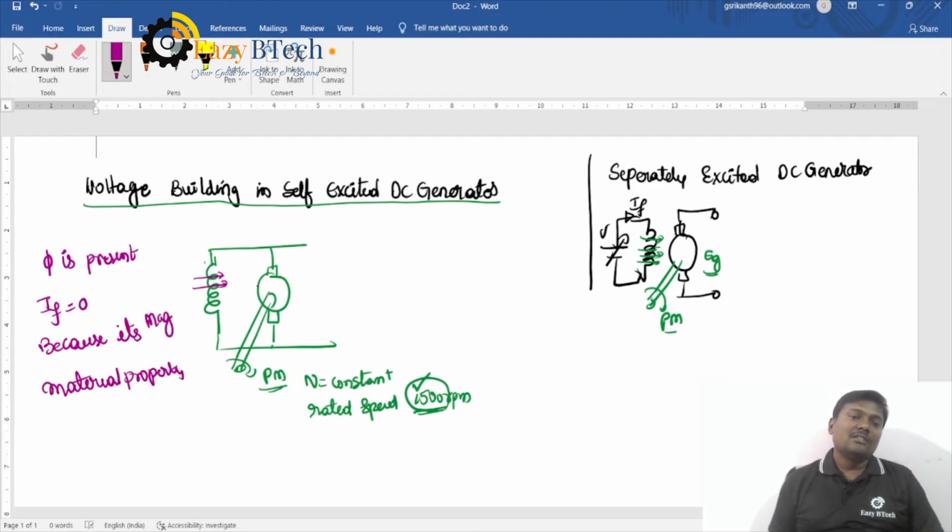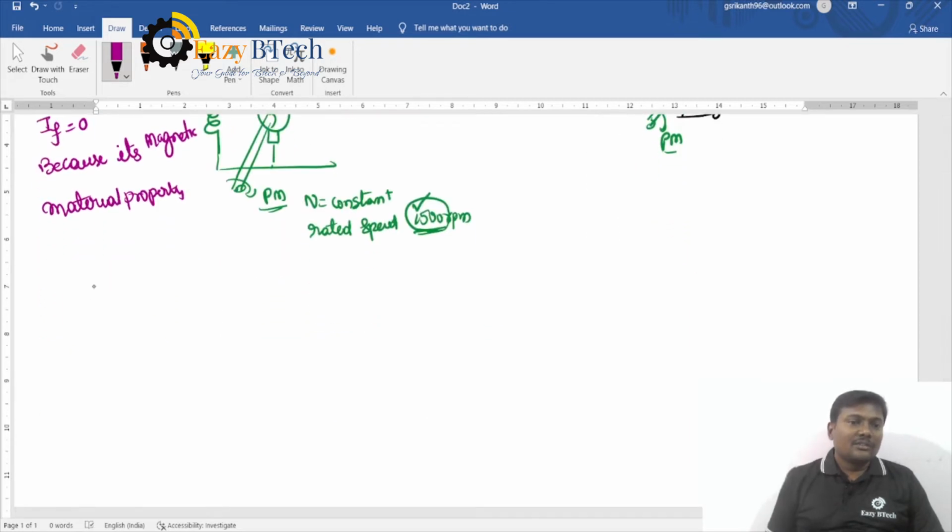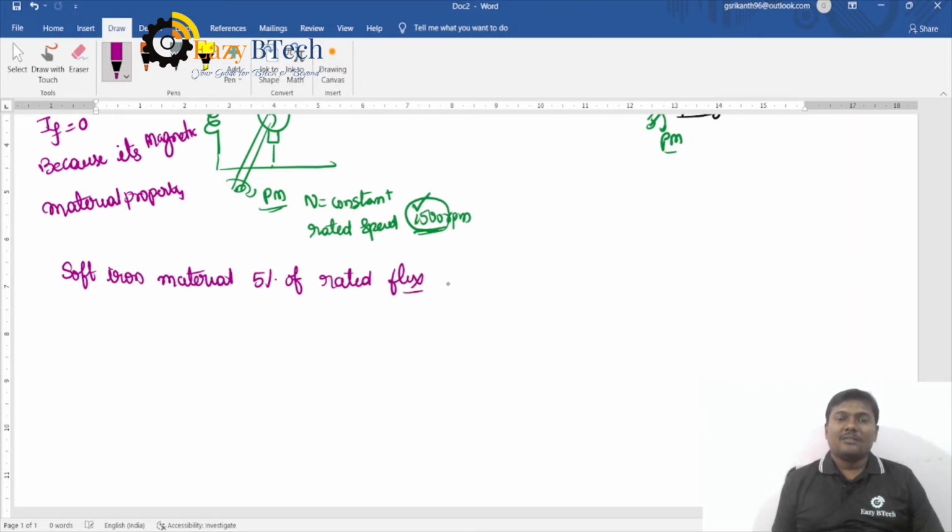We are using electromagnets. If you go for soft iron material, only 5% of rated flux is present.